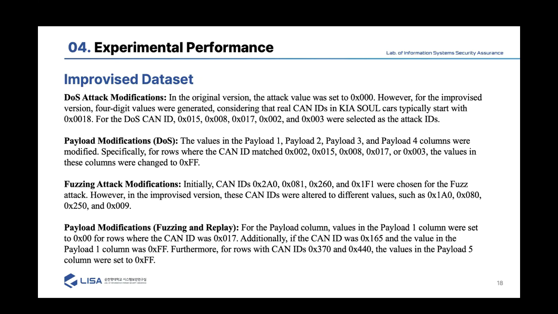for rows where the CAN ID matched any of the selected attack IDs, like the DoS. For the fuzzing attack modification, initially the CAN IDs 2A0, 081, 260, and 1F1 were chosen for the fuzzing attack.